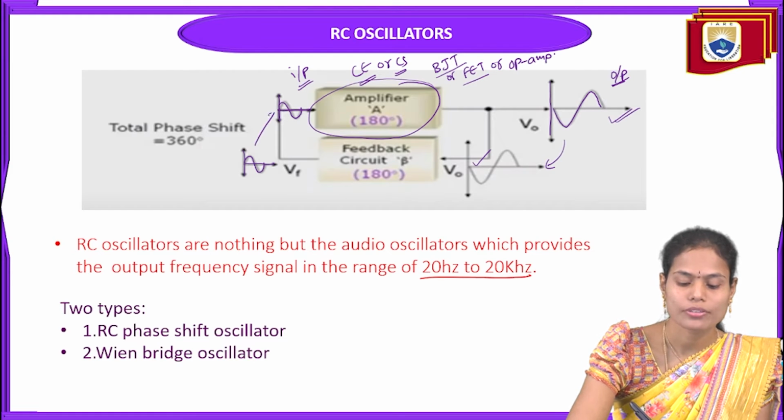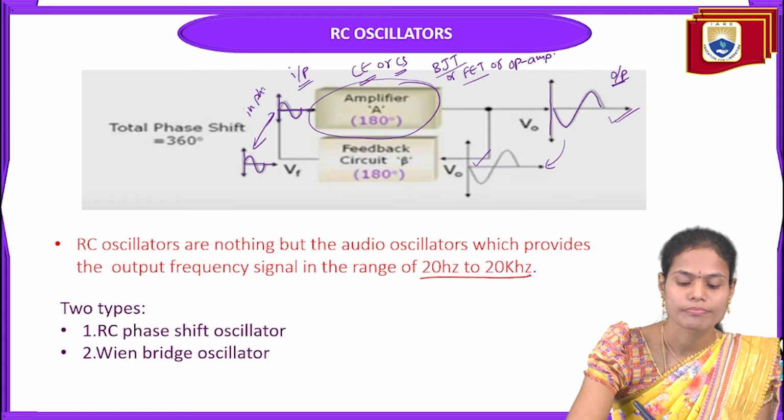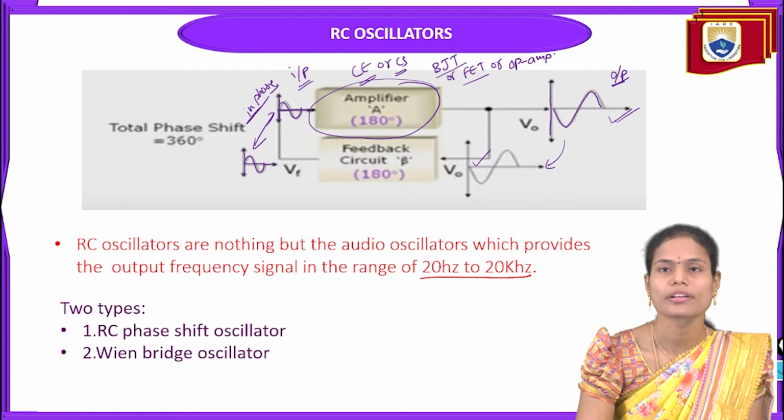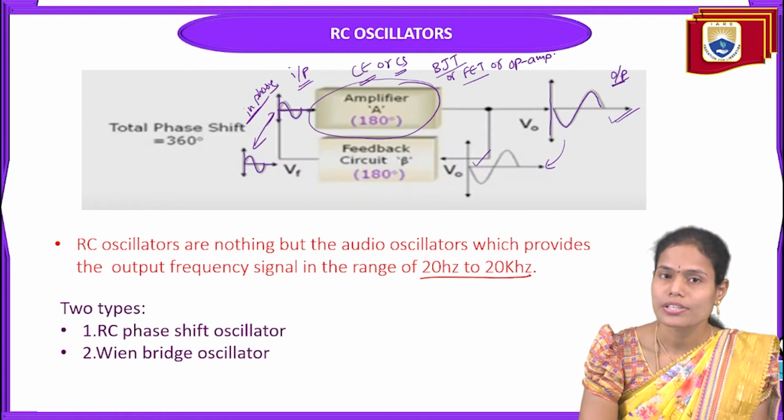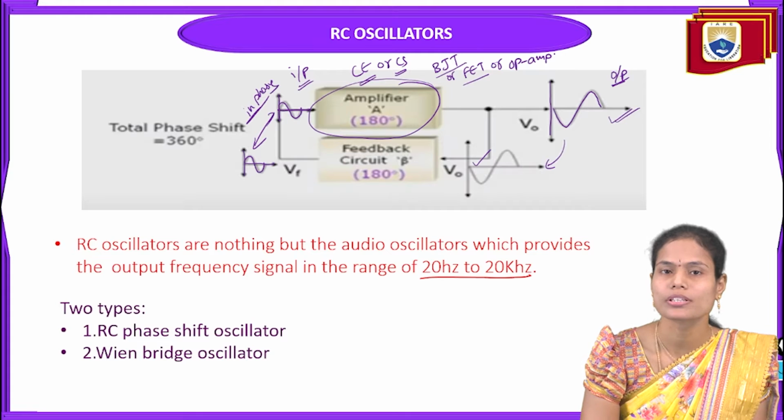If you compare these two signals, both are in phase. That is the condition for positive feedback. Always in positive feedback, the input signal as well as the feedback signal should be in phase.